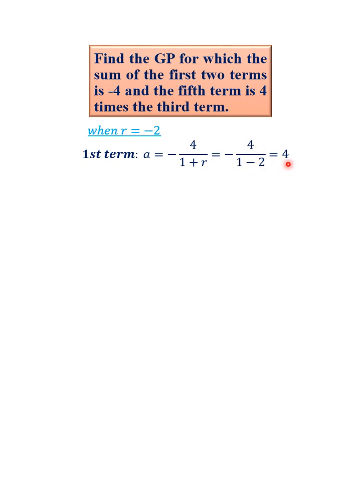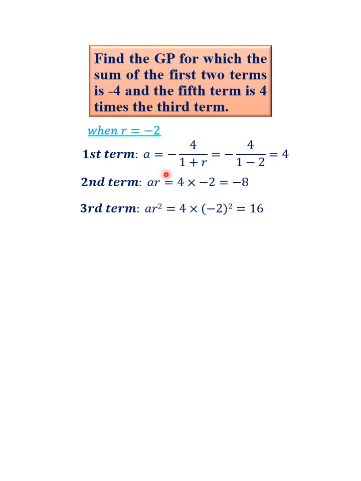So the first term is 4. The second term, AR, will be 4, which is the first term, times minus 2, which is R, and that gives us minus 8. The third term is AR squared, so we have 4 as the first term, times minus 2 squared. Minus 2 squared is 4. 4 times 4 gives us 16.